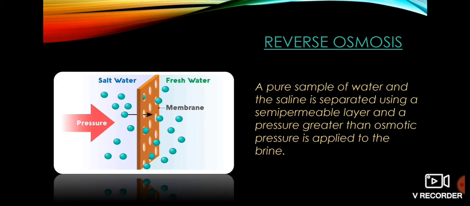Then, a pressure just slightly greater than the osmotic pressure of the solution is applied to the solution. By solution, we mean the saline water. The water is then forced to permeate the semi-permeable membrane and enter the compartment with the fresh water, and thus it is also purified.